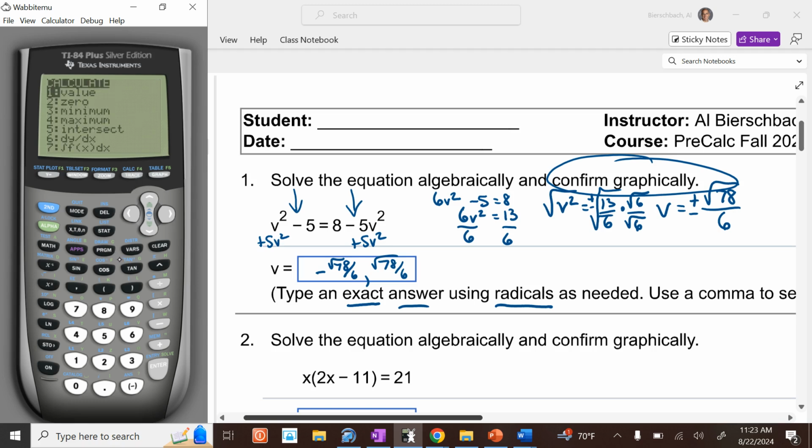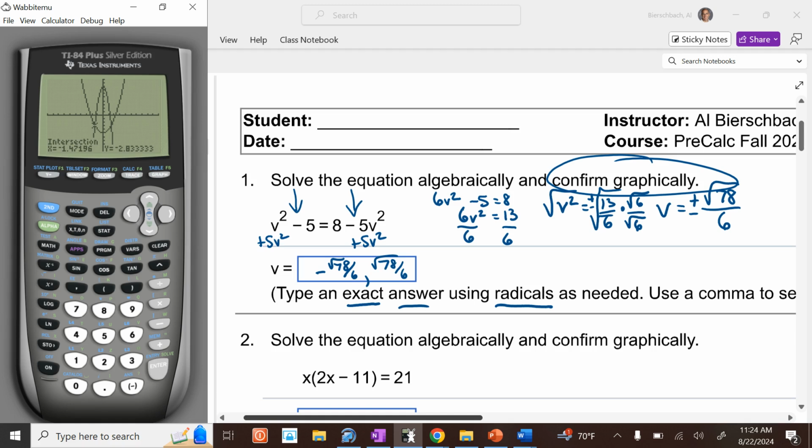If you can remember from last year from Wheels' class. Okay, second trace. And I want to find where they intersect, number 5. So if I go really close to where they intersect, I push enter, enter, enter. That'll give me the intersection point.